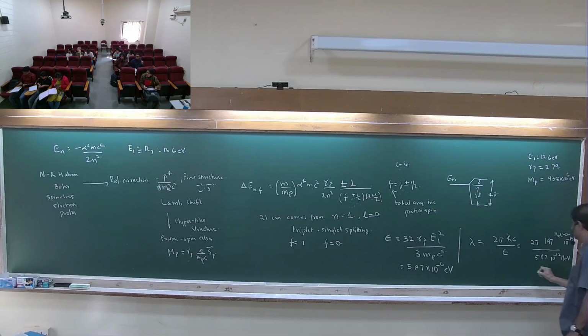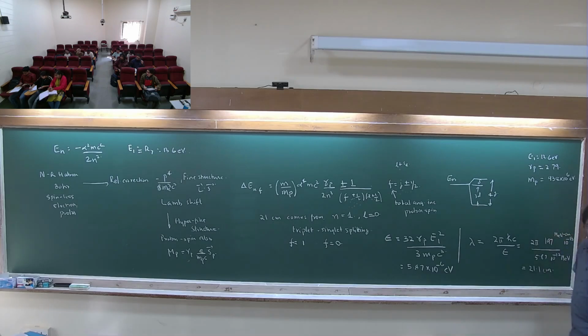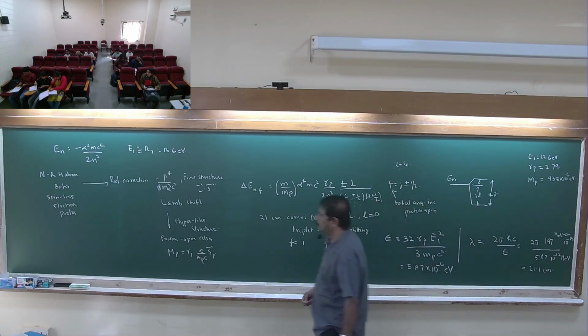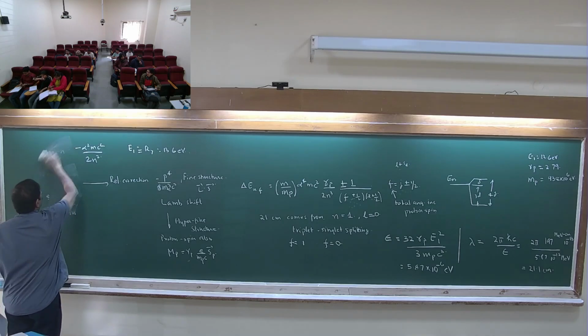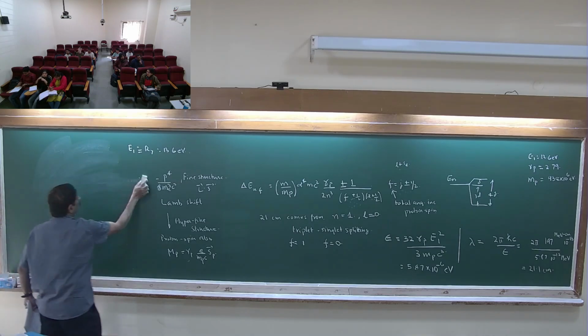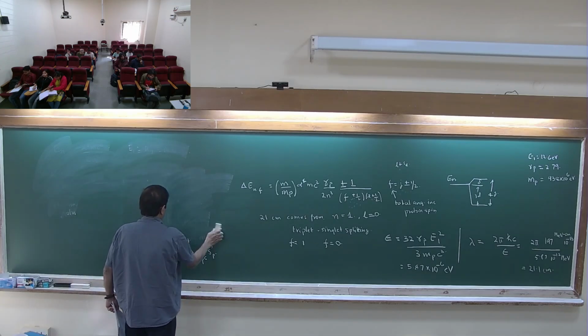Isn't that amazing? So this is the famous 21 centimeter line, and it is used for all this, interstellar hydrogen, and so on. It's totally amazing. And this was a prediction from long ago. Van de Hulst had predicted that there should be such a line observable.